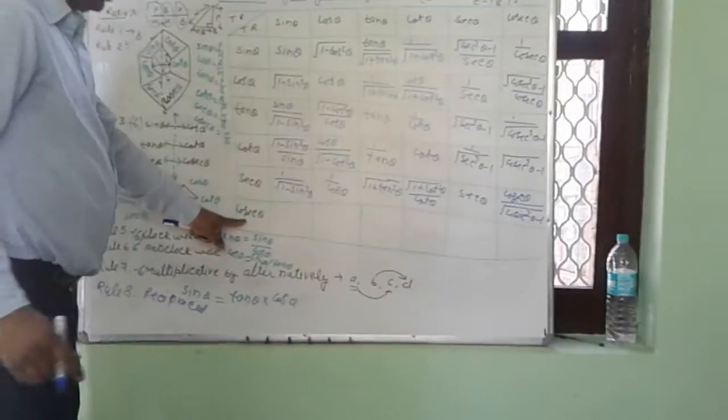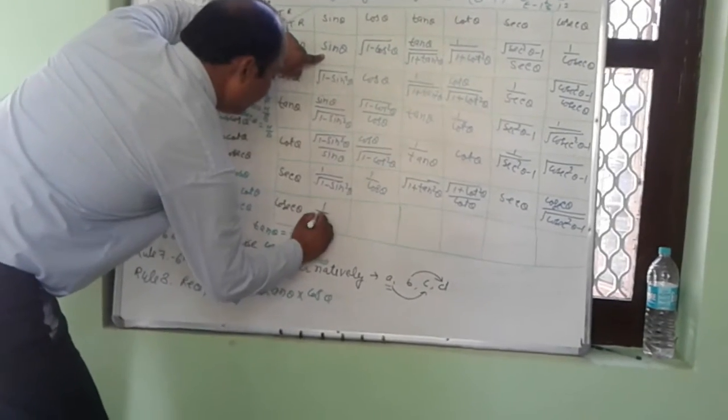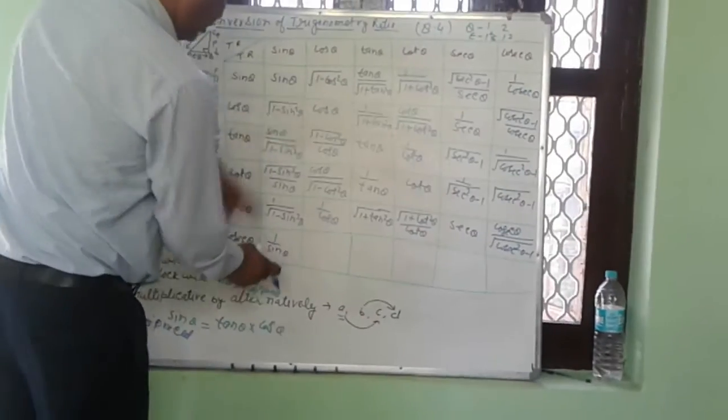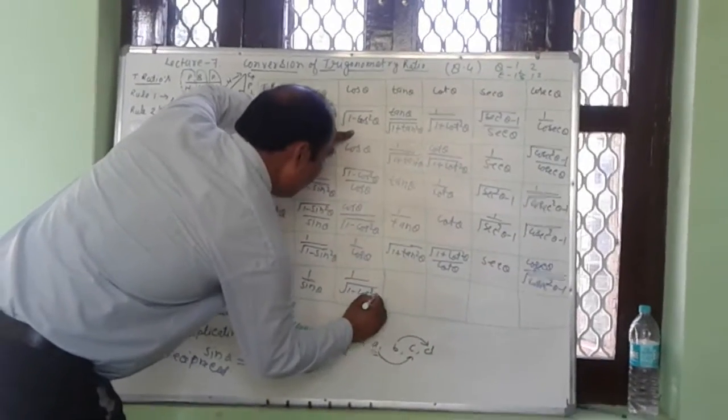And cosec theta is the reciprocal of sin theta, which means 1 upon sin theta. The reciprocal of this is 1 upon root 1 minus cos square theta.